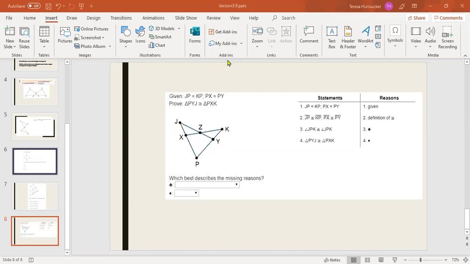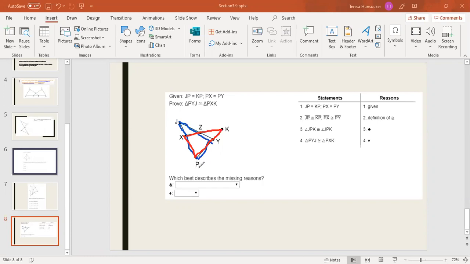Okay, so the two triangles that we're going to try to prove congruent are JPY and KPY. Okay? And it's saying that JP equals KP.